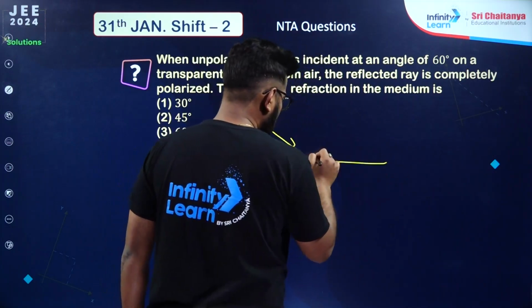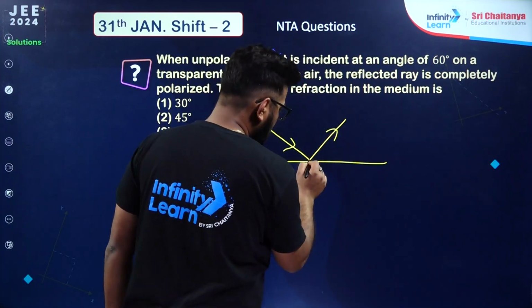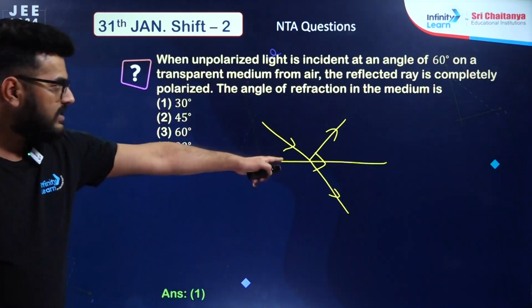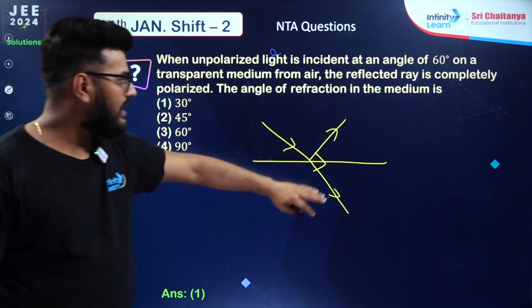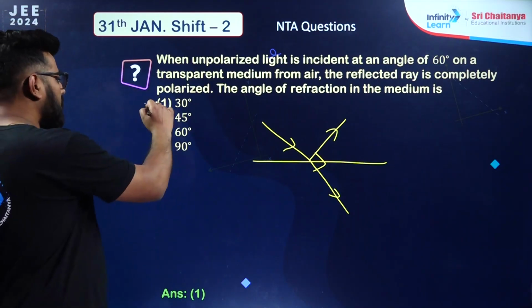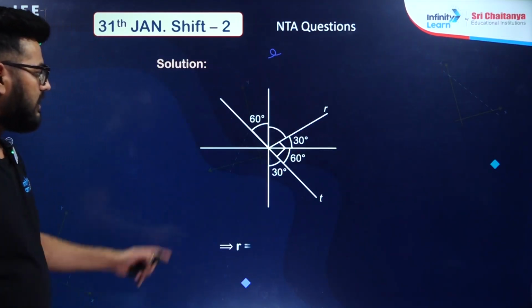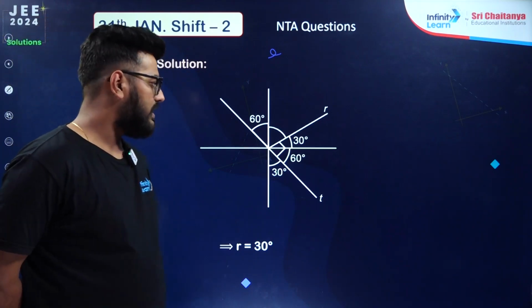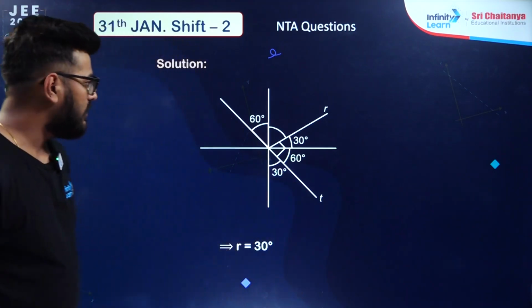There is an incident light ray, the reflected light ray goes over there and the refracted light ray goes over there, and the angle is 90 degrees over here. In this scenario you get polarization happening. So option number 1 is the correct answer, and as in the diagram in front of you, it's just a case of Brewster angle. Based on just diagrams you can find the correct answer.